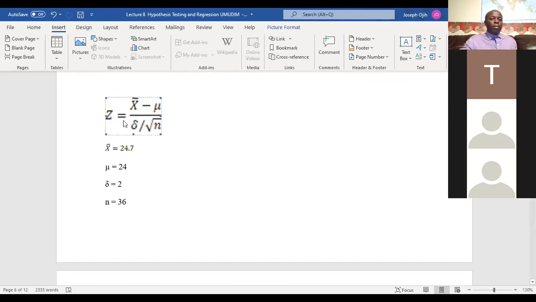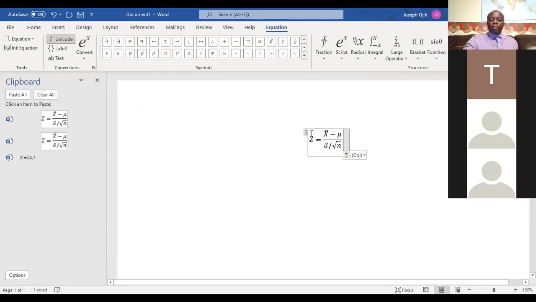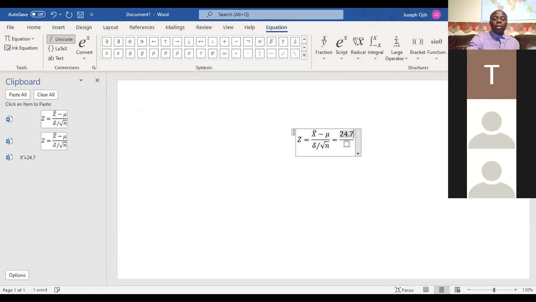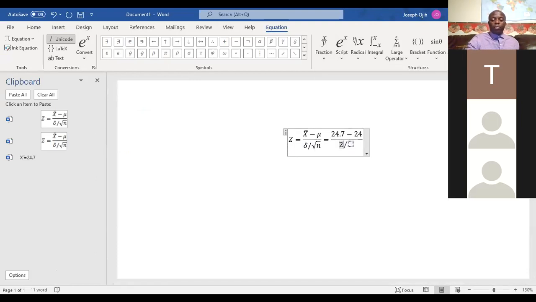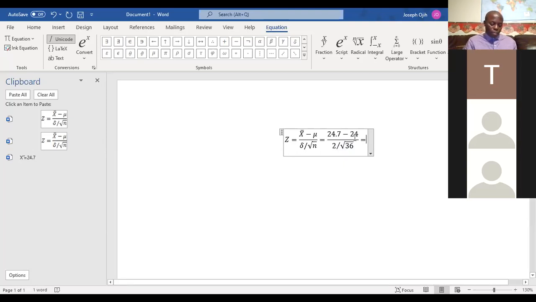I'm going to plug these numbers in to get our Z. So Z equals 24.7 minus 24, divided by the standard deviation of 2 over the square root of 36.